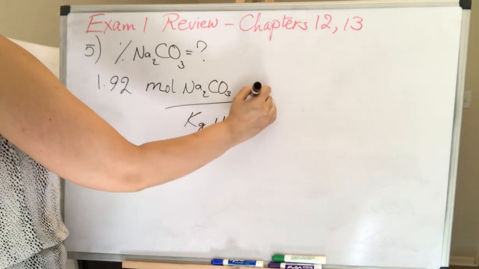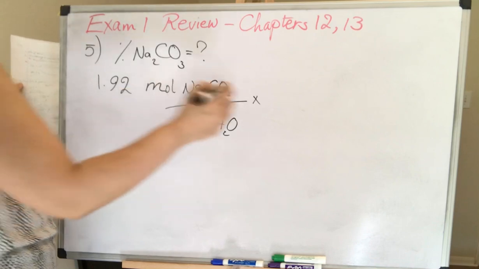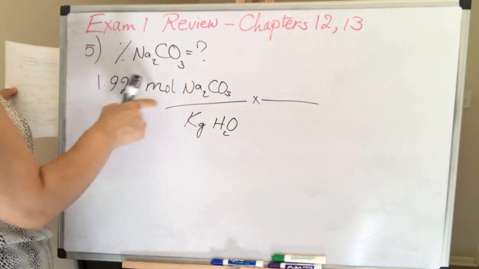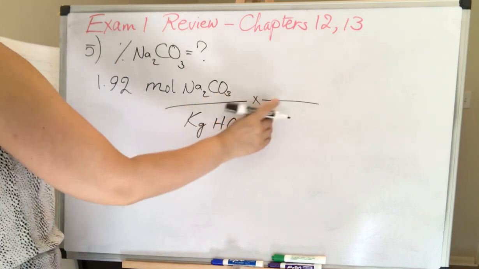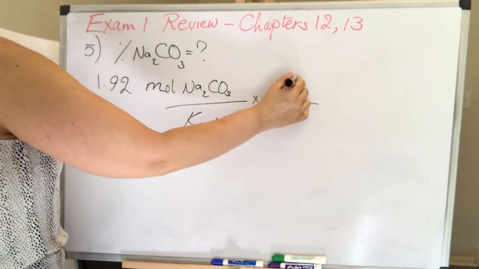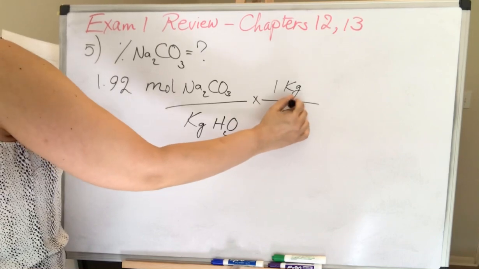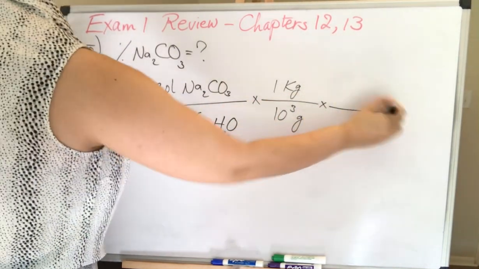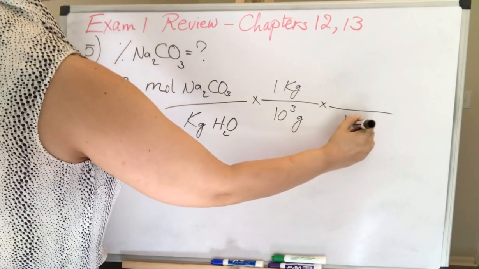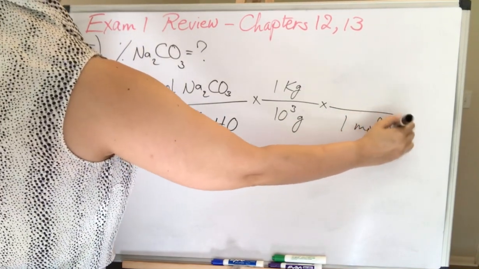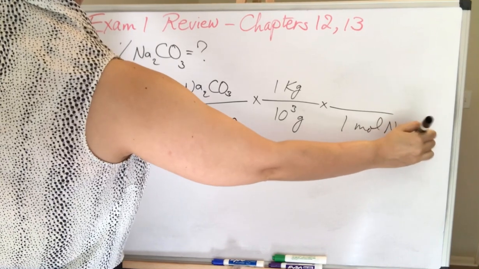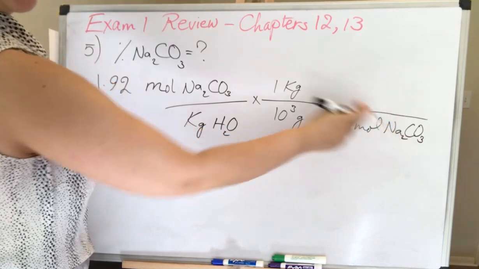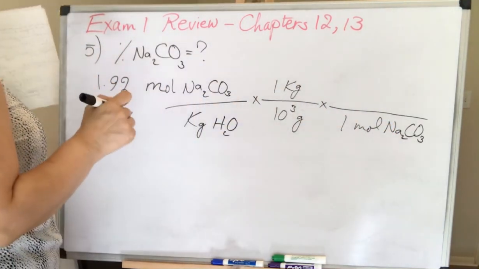Now, you need to change this kilogram to grams, because at the end you need the mass in grams. So 1 kilogram is 10 to the 3rd grams, and go ahead and use 1 mole of Na2CO3, using its molar mass of 2 sodium atoms plus 1 carbon plus 3 oxygens.